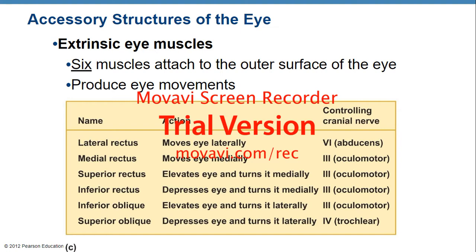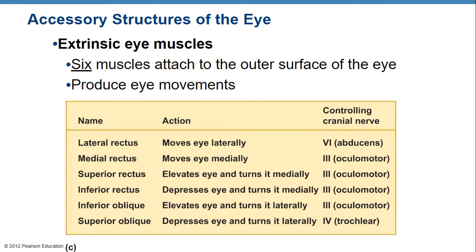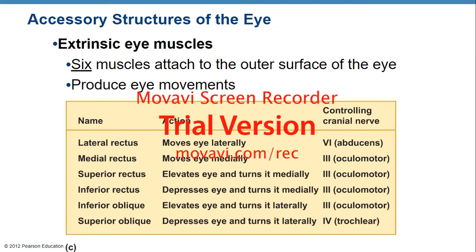So if you just remember, cranial nerve 6 does the lateral rectus, and superior oblique is cranial nerve 4. Then the rest of them are cranial nerve 3.